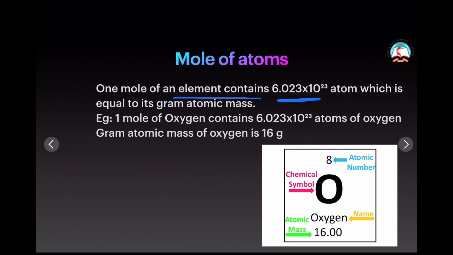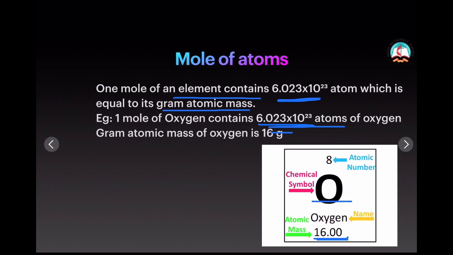Gram atomic mass. Example, we can use oxygen. 1 mole of oxygen contains 6.023 into 10 to the power 23 atoms of oxygen, and the gram atomic mass of oxygen is 16.